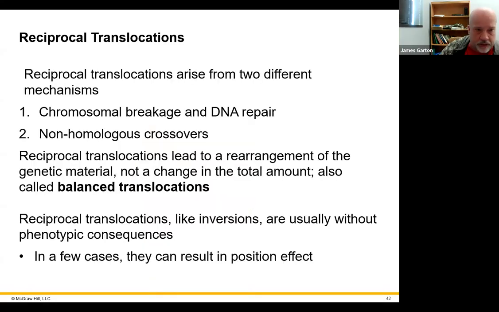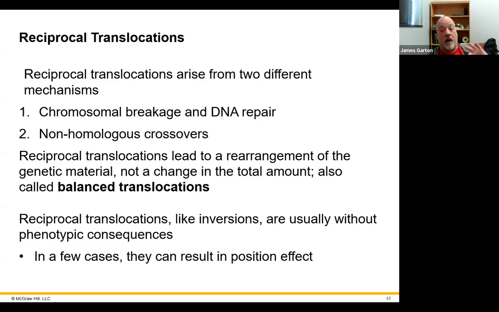Now, again, reciprocal translocations can result from chromosome breakage and then errors in DNA repair mechanisms. And every now and then, non-homologous chromosomes cross over with each other. And so these reciprocal translocations rearrange the structure.